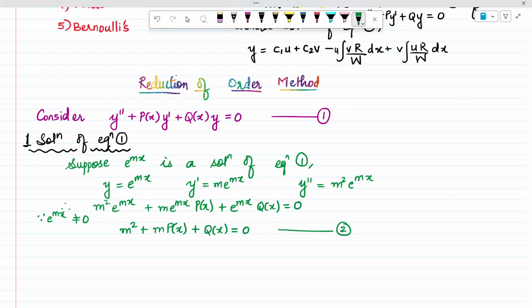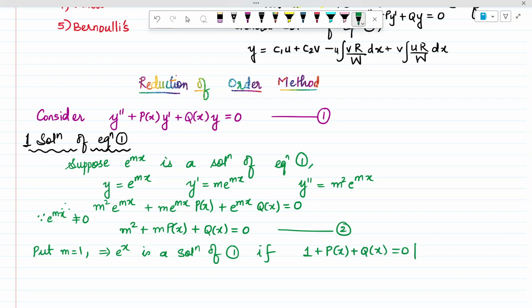Okay, so यहाँ पे when I put m is equal to 1, then e raised to mx से start किया था, so this will imply e raised to x is a solution of equation number 1 if equation 2 में m की जगह 1 डालेंगे तो 1 plus px plus qx is equal to 0. सो ये कंडीशन जब सेटिस्फाई करेगा कोई सेकेंड ऑर्डर डिफरेंशियल इक्वेशन होमोजेनियस वाला, देन वी विल डायरेक्टली क्लेम कि e raised to x उसका एक सोल्यूशन है.